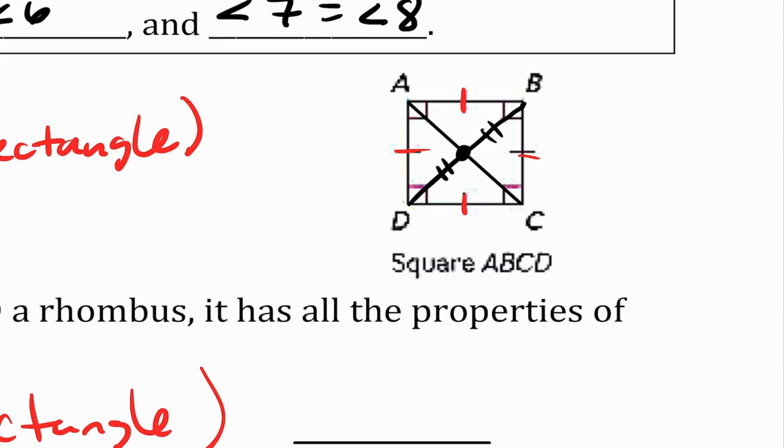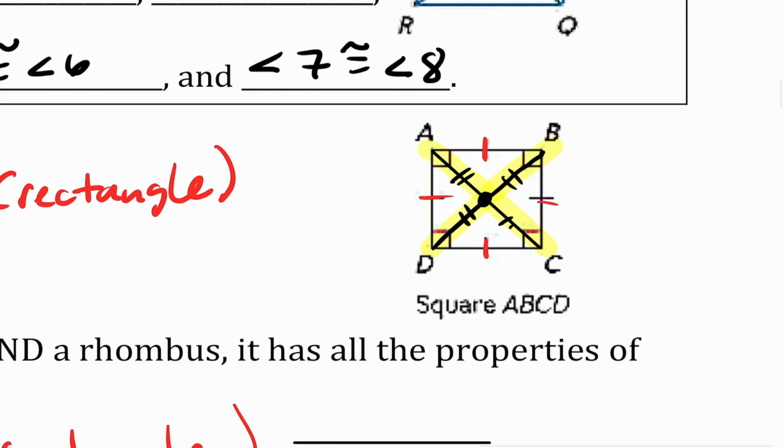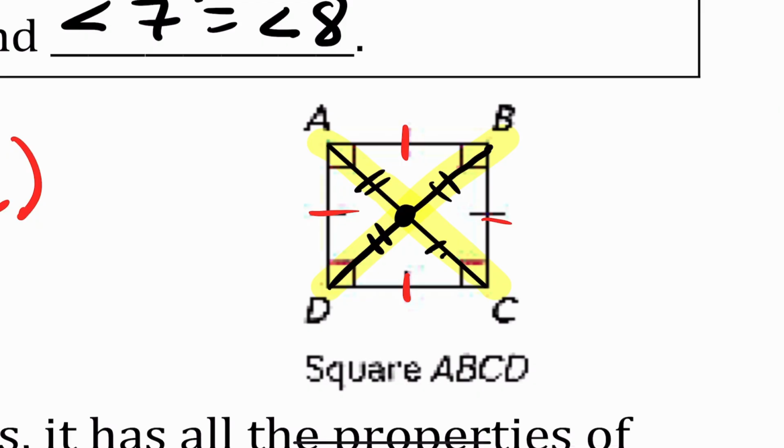But since this diagonal is the same length as this diagonal, if we have our midpoint, it's going to split AC into two congruent parts, and we're going to have the same number of tick marks, meaning that this part is equal to that part, this part is equal to that part, and so on and so forth. I think you get the idea here. And then don't forget, the diagonals are going to intersect each other at a 90-degree angle here. And you can also say the same thing here, here, and there.